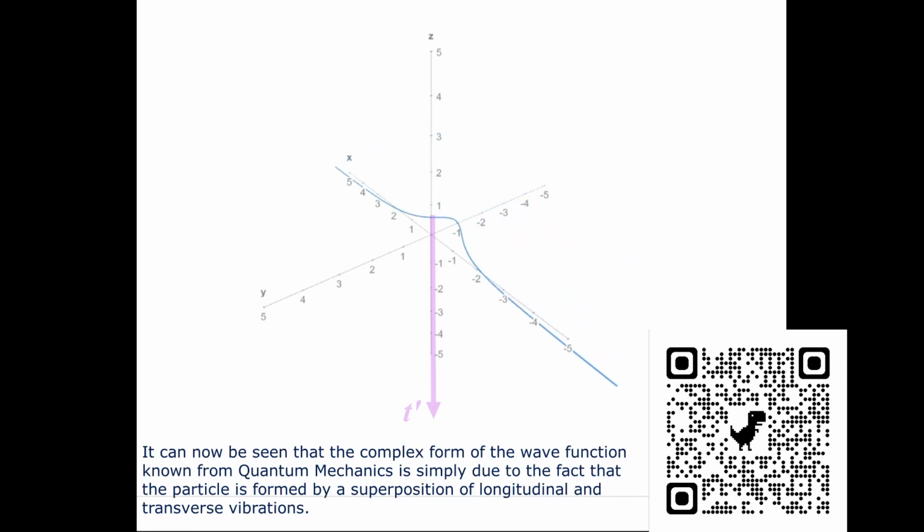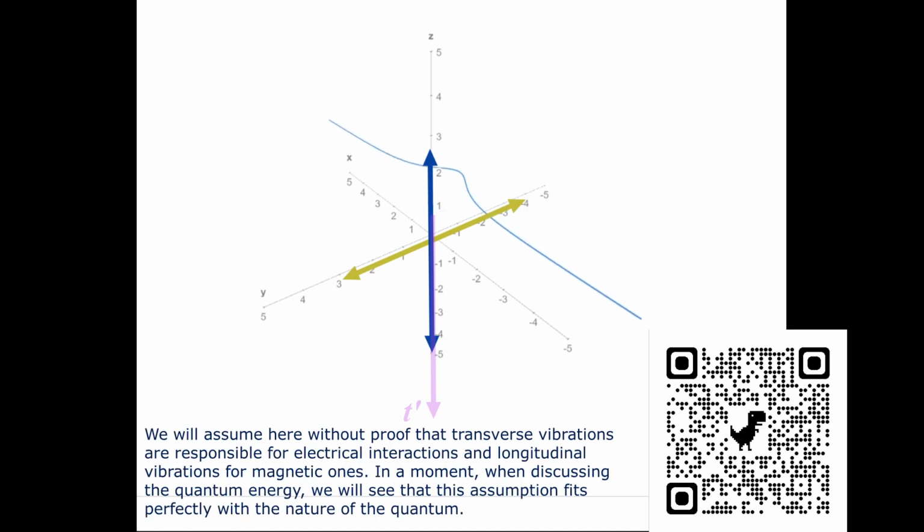It can now be seen that the complex form of the wave function known from quantum mechanics is simply due to the fact that the particle is formed by a superposition of longitudinal and transverse vibrations. We will assume here without proof that transverse vibrations are responsible for electrical interactions and longitudinal vibrations for magnetic ones.